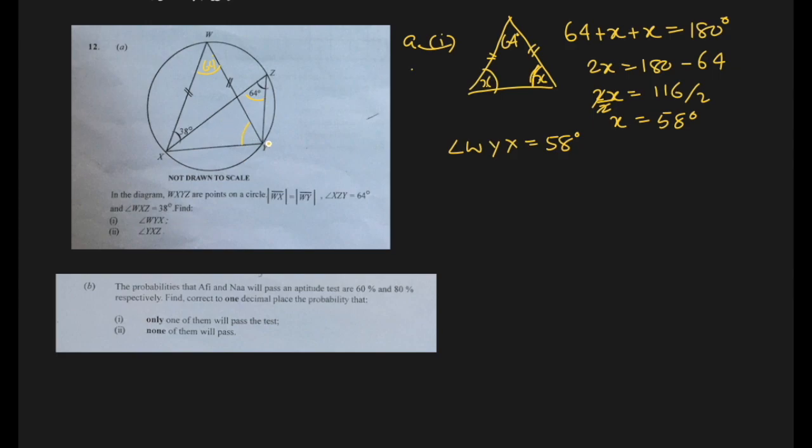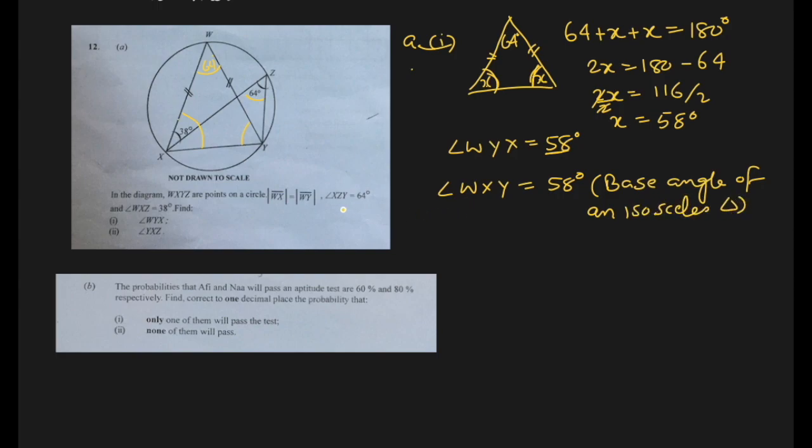Now, YXZ. Since this is also x, this angle, that means this whole angle is also 58 degrees. So angle WXY is also 58 degrees, and you can write the reason: base angle of an isosceles triangle.